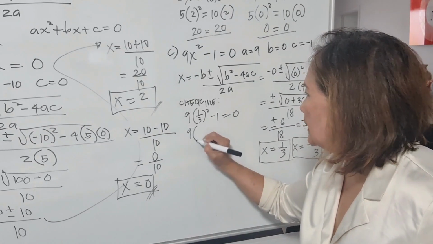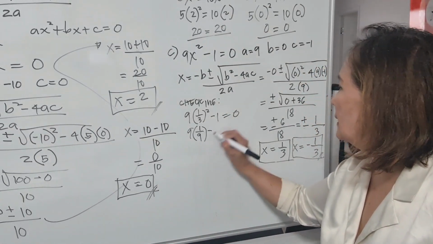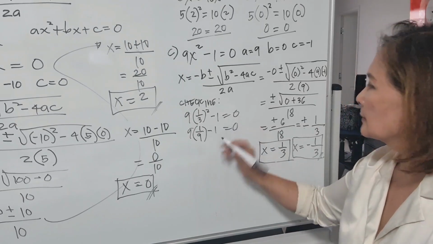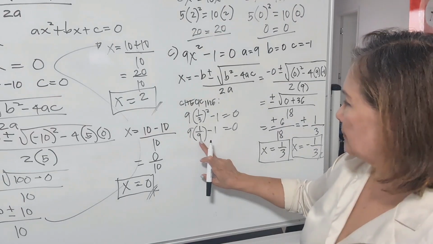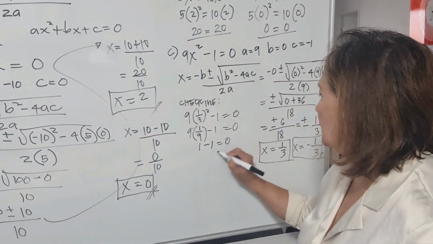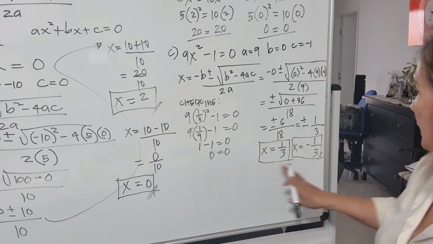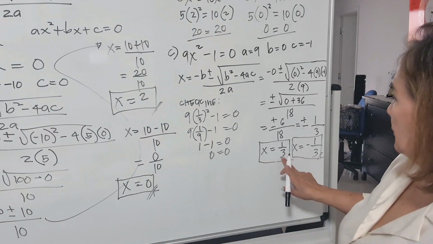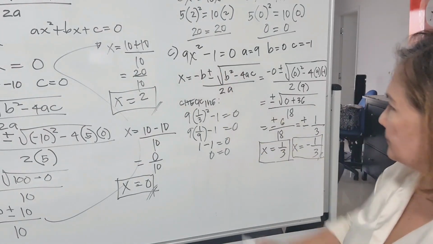So you have 9 times 1 over 9 minus 1 equals 0. 9 times 1 equals 9 divided by 9 is 1 minus 1 equals 0. 0 equals 0. So we have proven that x, which is 1/3, is actually the value of x here.